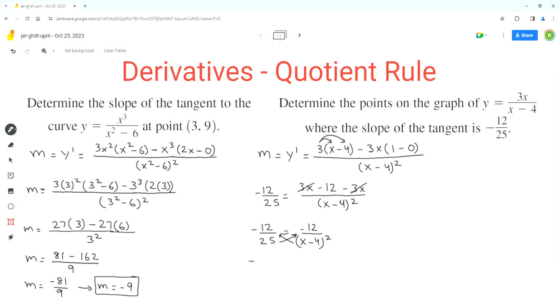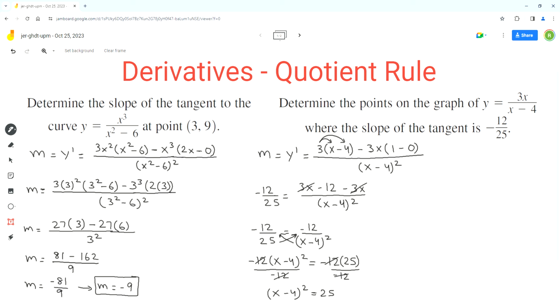So we get negative 12 times (x minus 4) squared equals negative 12 times 25. Now we can divide both sides by negative 12. So the negative 12 on the left side and the right side will cancel each other out. So we get x minus 4 squared equals 25.